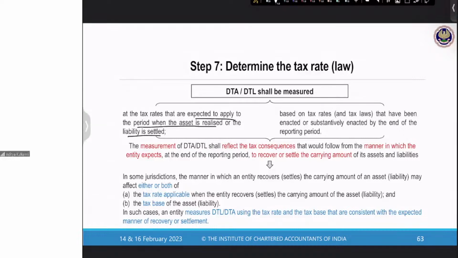So what I will look at is the tax rates and tax laws that have been enacted or substantively enacted by the end of the reporting period.